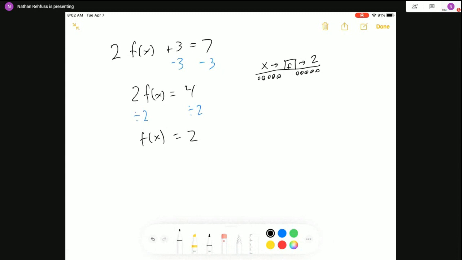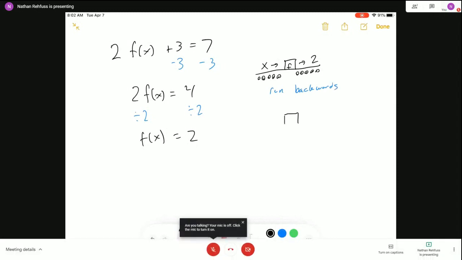So what I'd like to be able to do, and for some functions this is possible, for some functions it's not, but the ideal situation is if I could just run this whole thing backwards. And say, when I move 2 back into f, if I run this whole belt backwards, if I put 2 in, I should get x out.